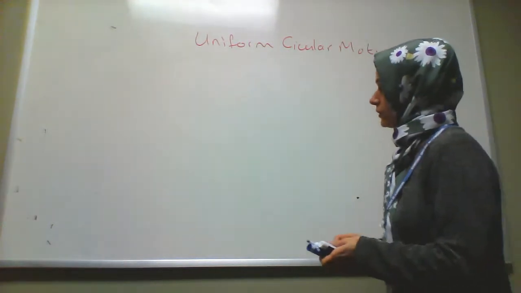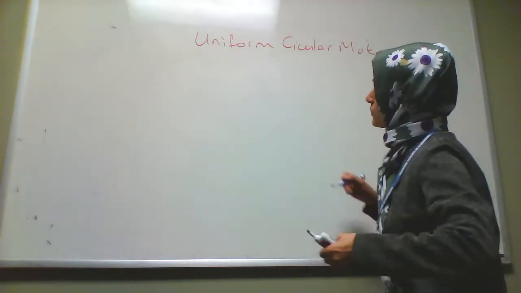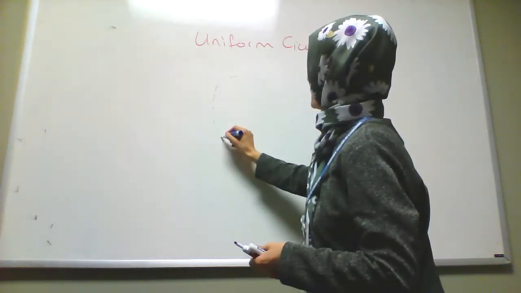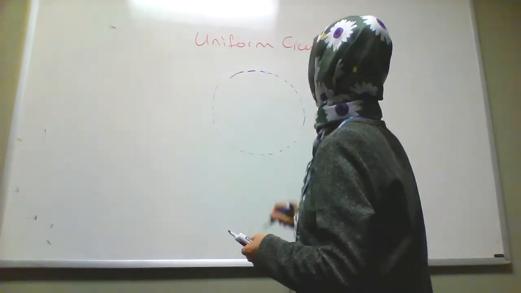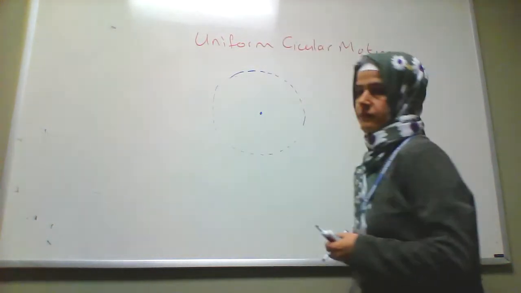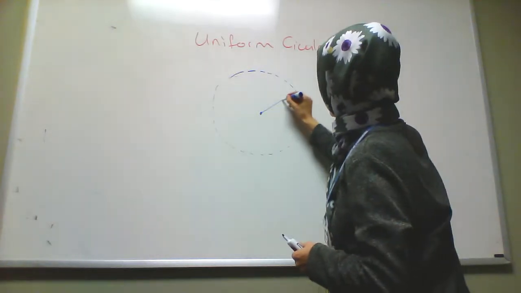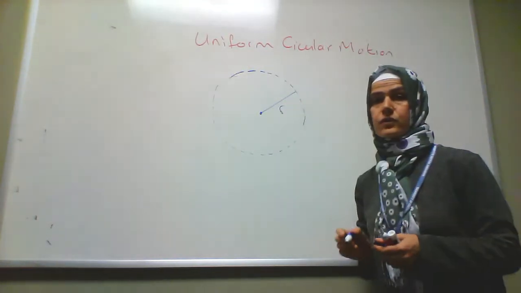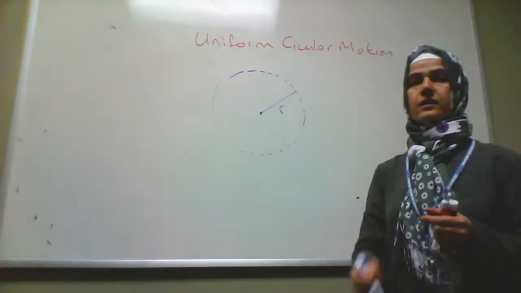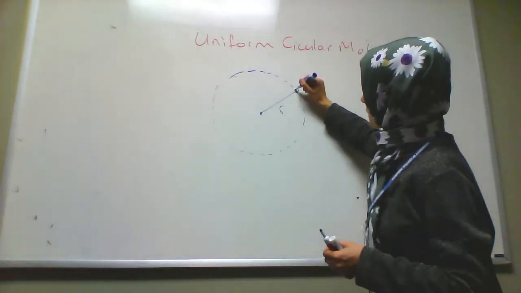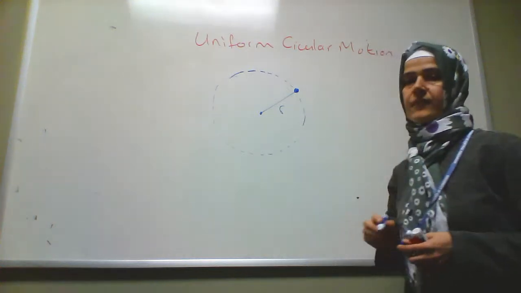So what we have for a uniform circular motion is that an object is rotating around the circle, of course, and first definition, we will have the radius of the circle. So there will be a circle the object is rotating around, let's say it was my keys and I'm rotating it. We will have an object in general.